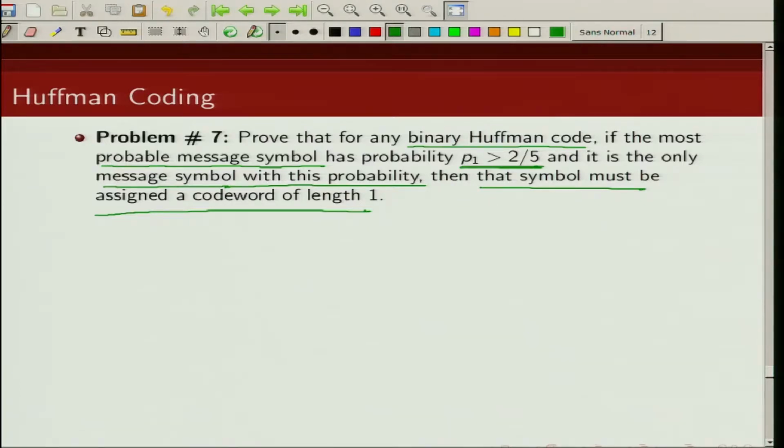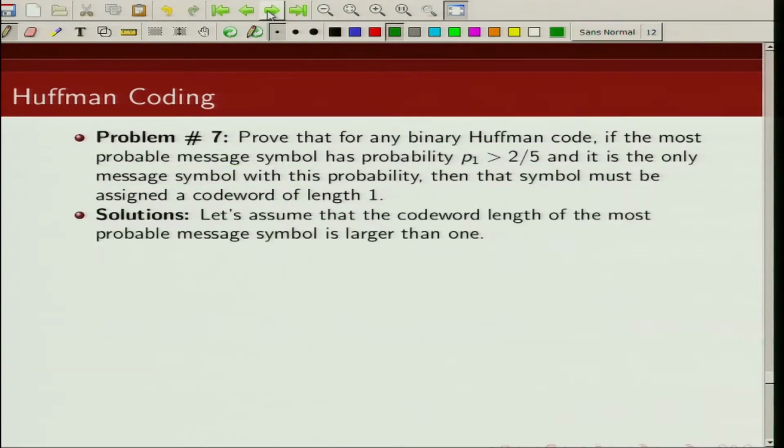So what I am saying is, the most probable message symbol has probability greater than 2 by 5 and it is the only message symbol which has this probability. Then show that this symbol must be assigned a code word of length 1.